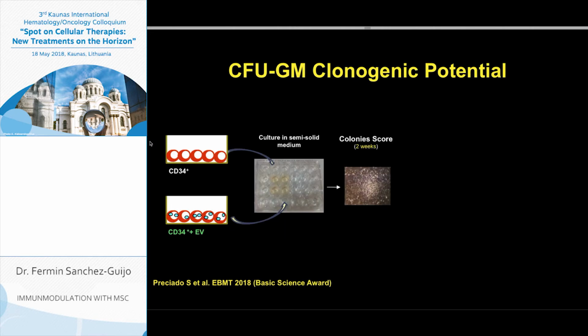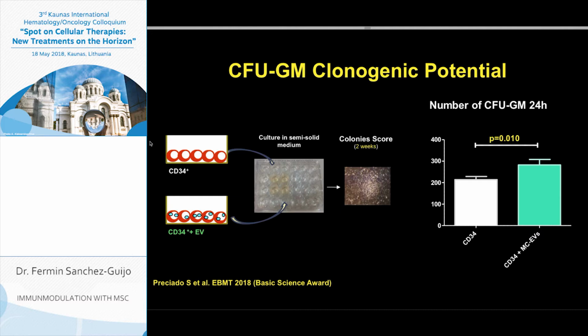And when we compare the clonogenic potential in vitro of baseline CD34 positive cells with those that have incorporated extracellular vesicles, we see that the clonogenic potential is increased after the incorporation of these mesenchymal stromal cell-derived vesicles.